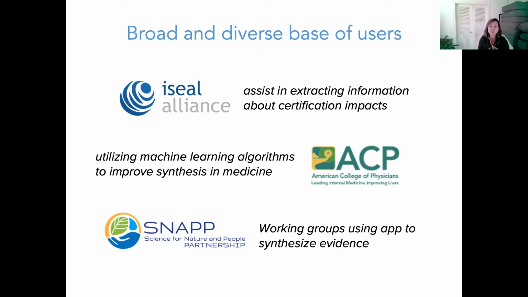And within the Science for Nature and People partnership, SNAP itself, this has become a tool that working groups, for example, the Ecological Drought Group, a group working on soil carbon, and a group working on ecological levers for health, can really use to find and synthesize evidence and inform the research and solutions that they're focused on.